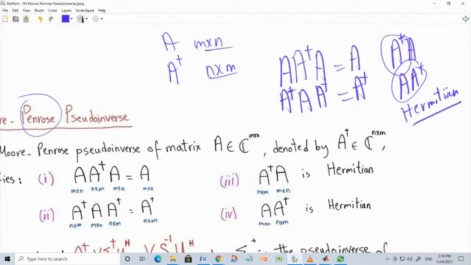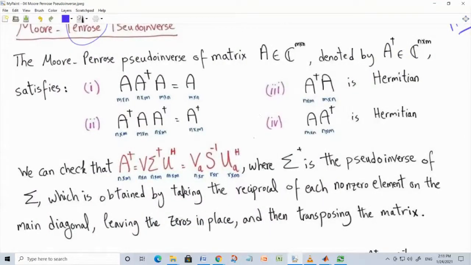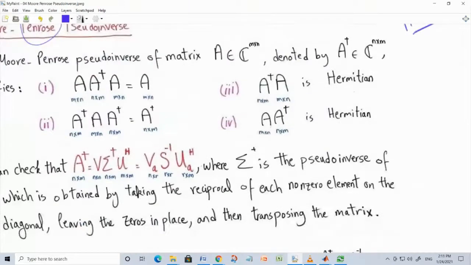But here is more good news. This unique pseudo inverse can be expressed in terms of the SVD. So let's recall what matrix A itself is.